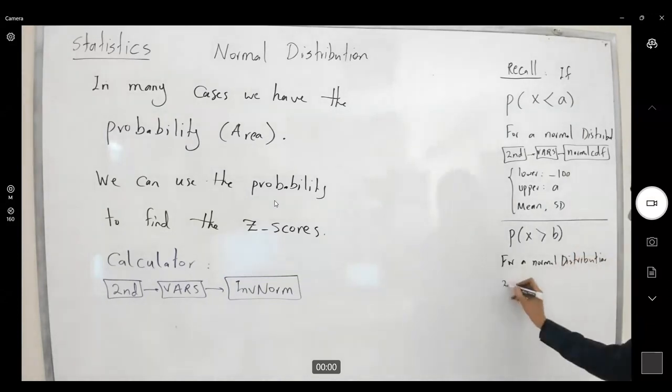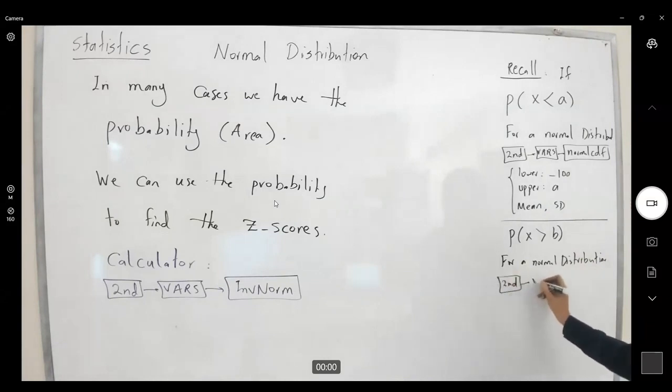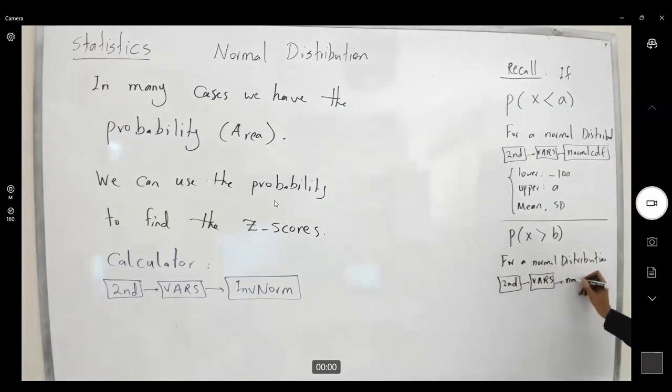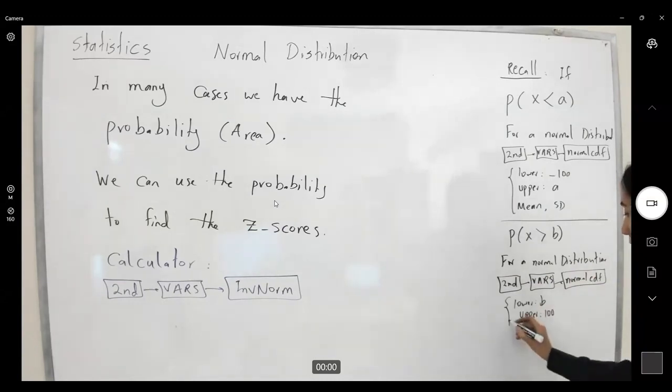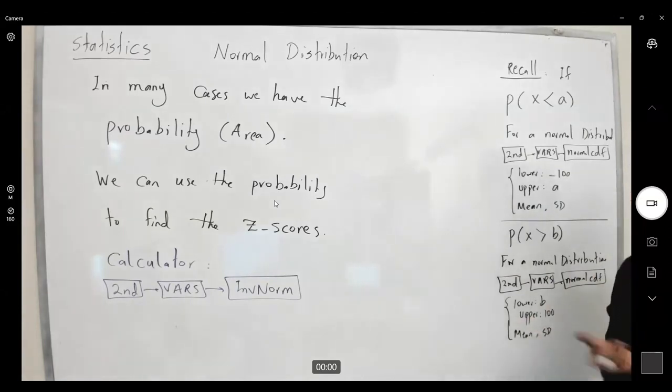We're going to go to second, vars, normal distribution, normal CDF, and your lower limit is b. Your upper limit is a large number, like 100, 1,000, then the mean and standard deviation. In between is in between. You have your lower limit, you have your upper limit.